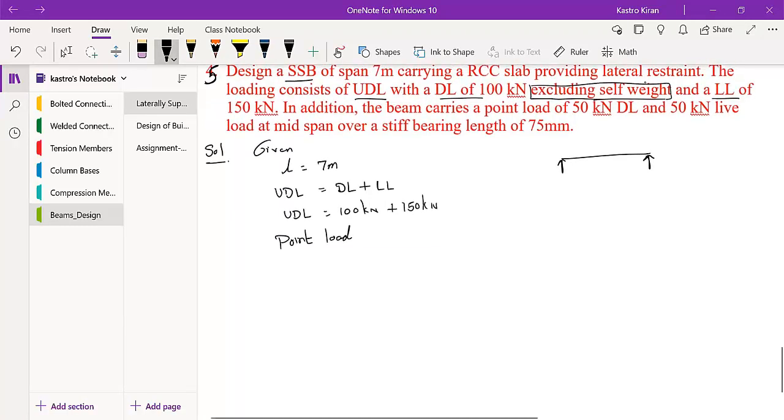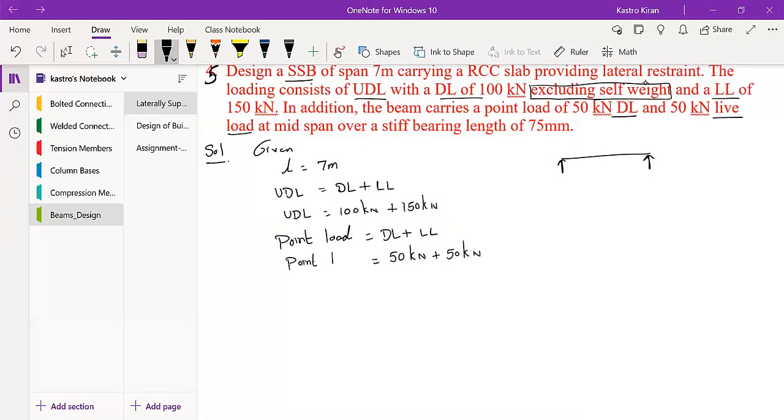Again, the point load is a combination of dead load and live load. The dead load value in terms of point load is 50 kilonewtons, and the live load value in terms of point load is 50 kilonewtons, right?